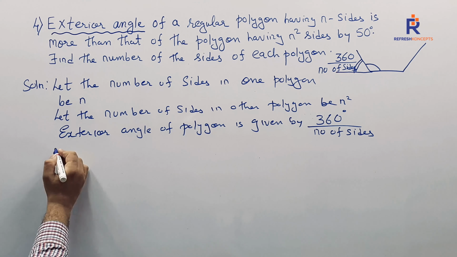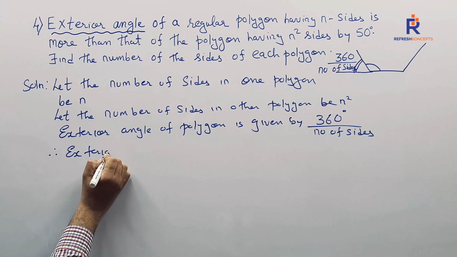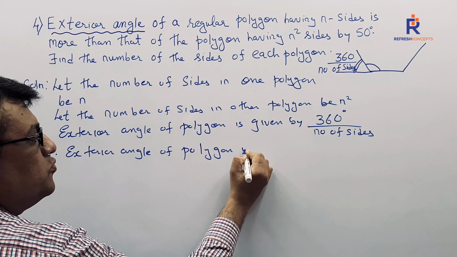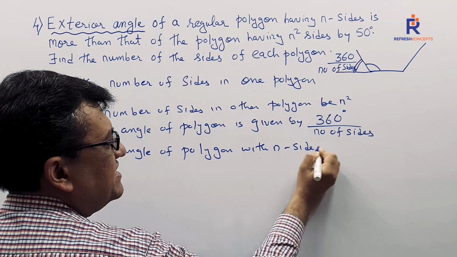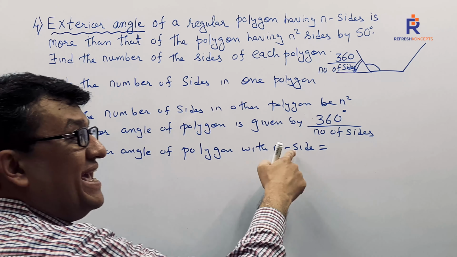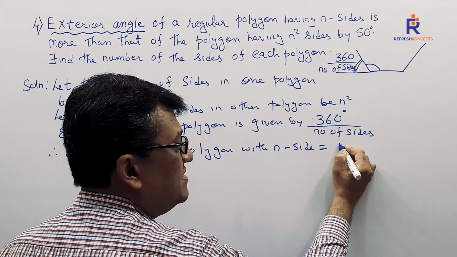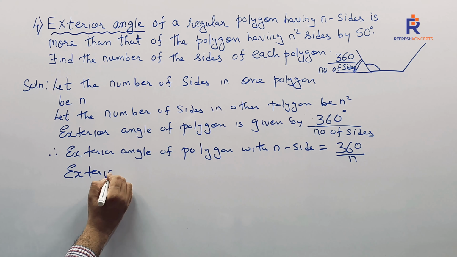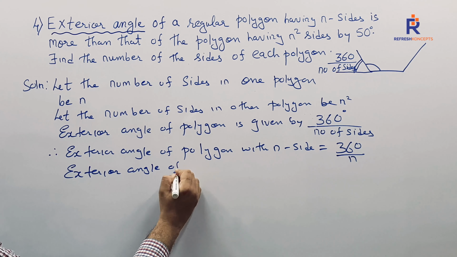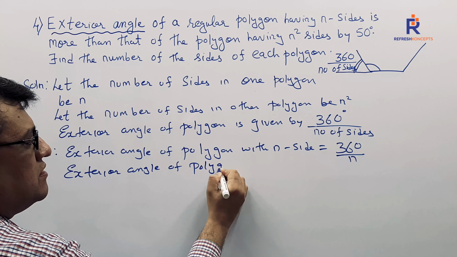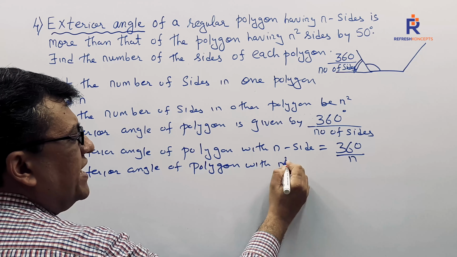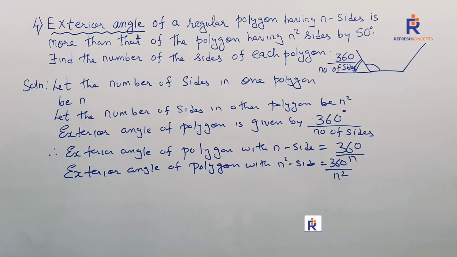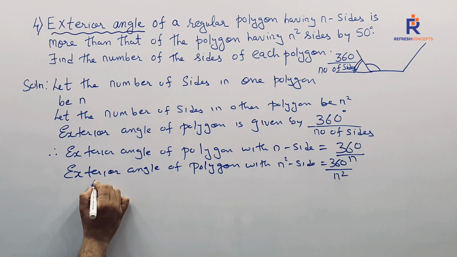Therefore the exterior angle of a polygon with n sides will be, if we go with this particular formula, 360 by n. And the exterior angle of a polygon with n square sides will be 360 by n square.